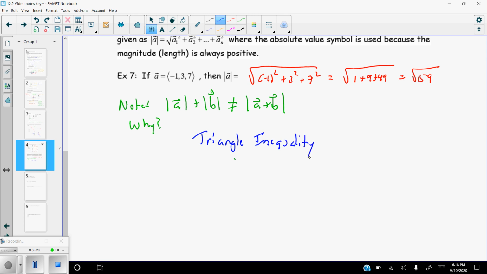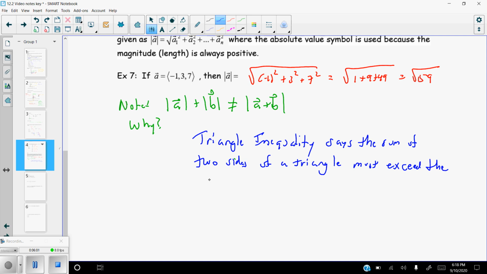And you might remember from when you first started learning about triangles that the triangle inequality says the sum of two sides of a triangle must exceed the length of the third side.